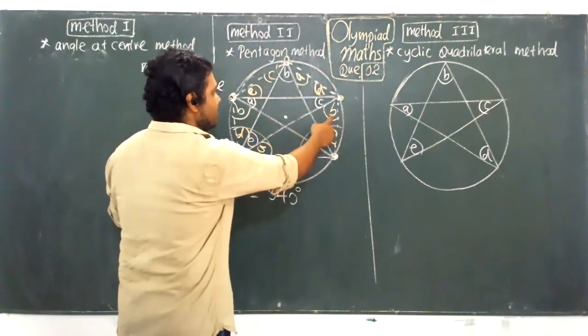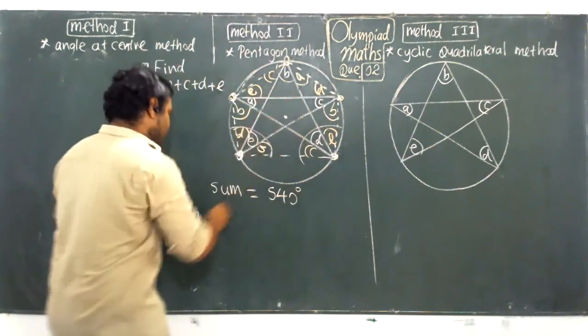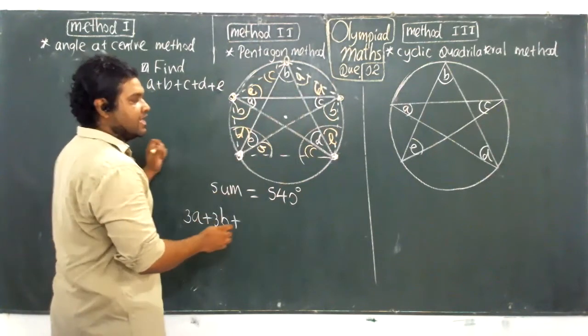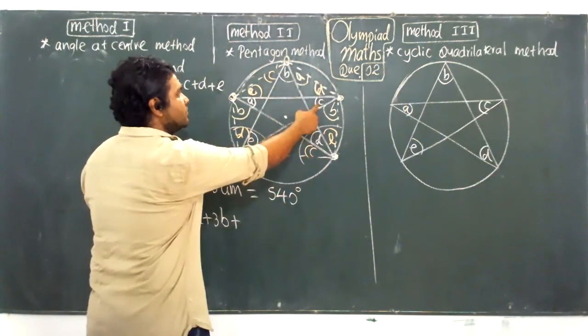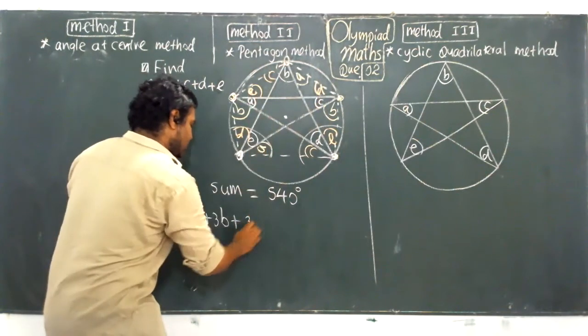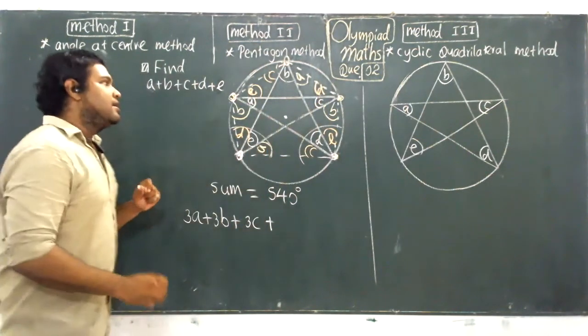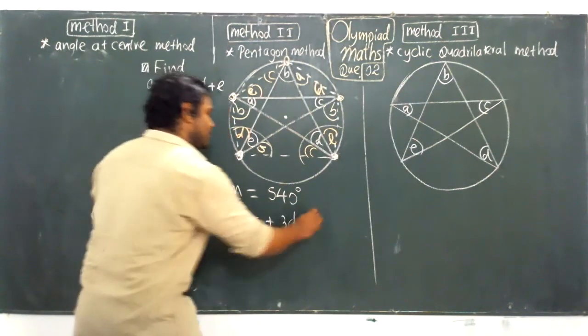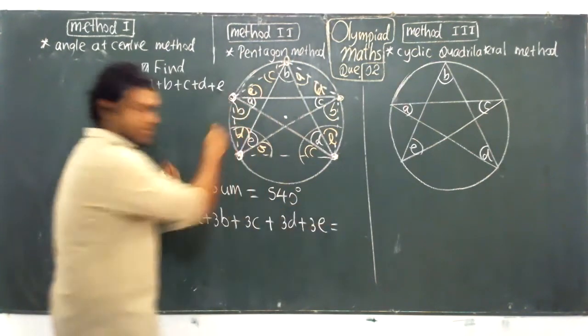B, B, B: 3 B's. How many C letters are there? 1, 2, 3: 3 C's. And there should be 3 D's and 3 E's. You can just count it.